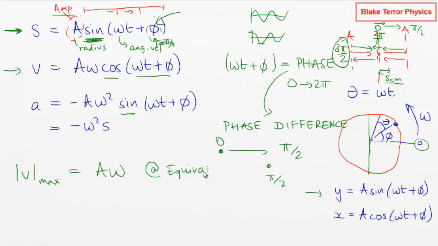I'm writing a completely different word there. I was meant to be writing equilibrium. Anyway, at the equilibrium point, that's when we get maximum velocity, and it's A times omega. So that's useful. Actually, I suppose that's something we could have said earlier.